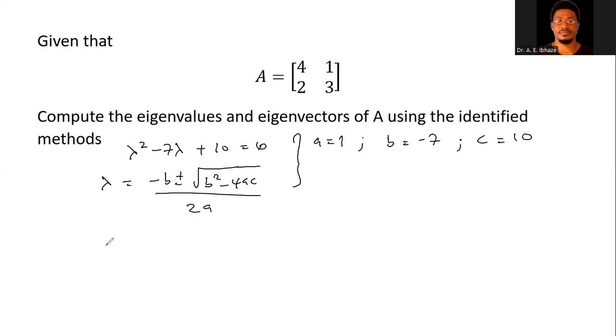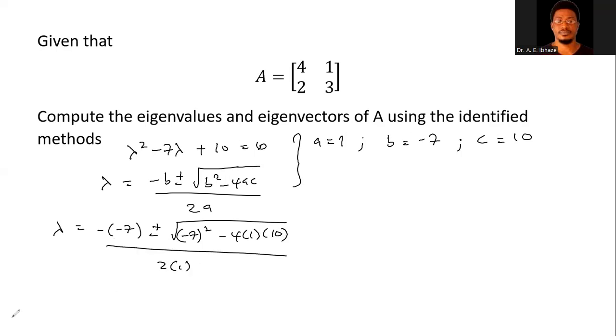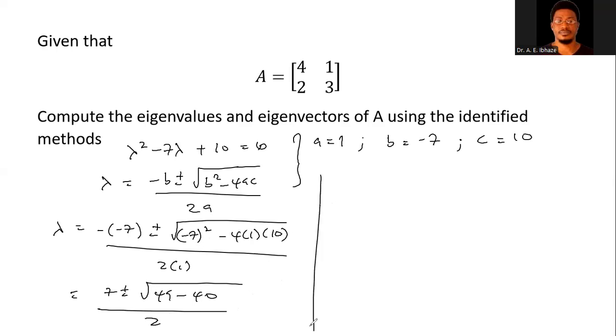Once we plug those in, we have lambda equals negative of negative 7 plus or minus the square root of negative 7 squared minus 4 times 1 times 10, divided by 2 times 1. This is 7 plus or minus the square root of 49 minus 40, divided by 2. Then lambda is 7 plus or minus the square root of 9 divided by 2, which is 7 plus or minus 3 divided by 2.